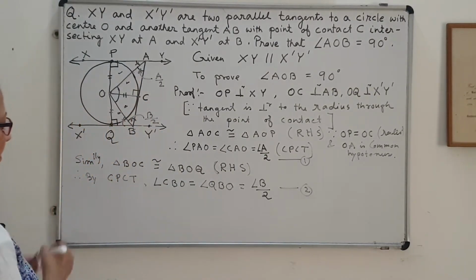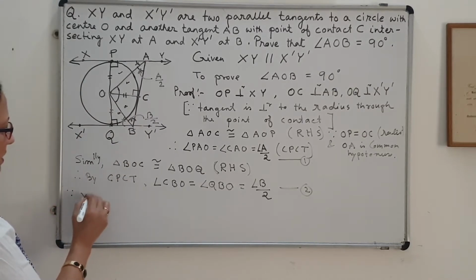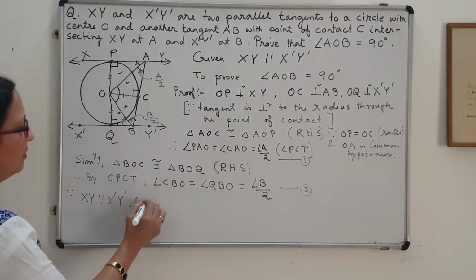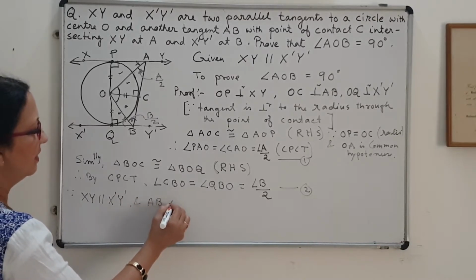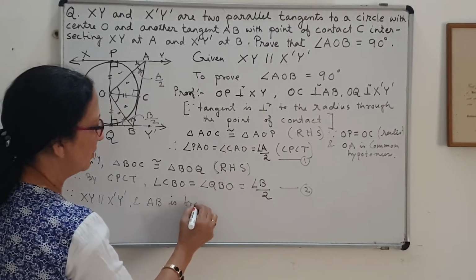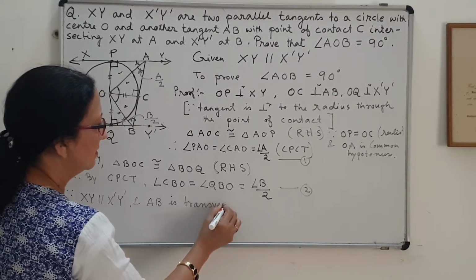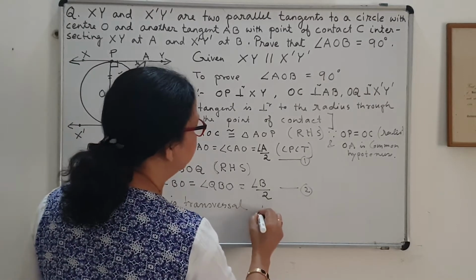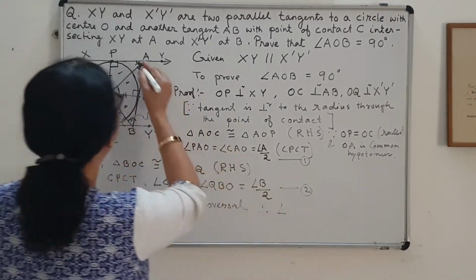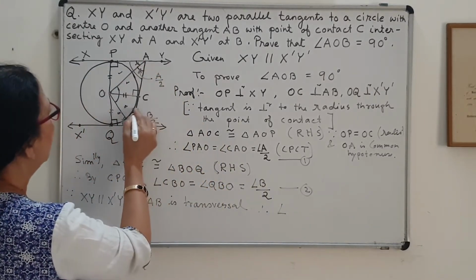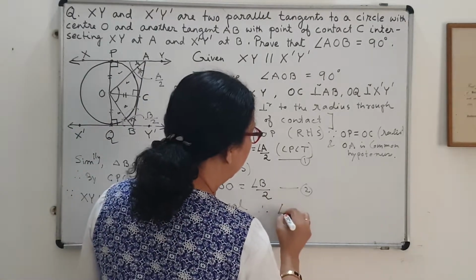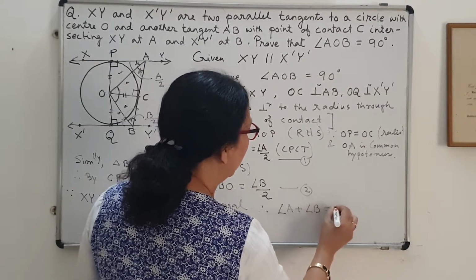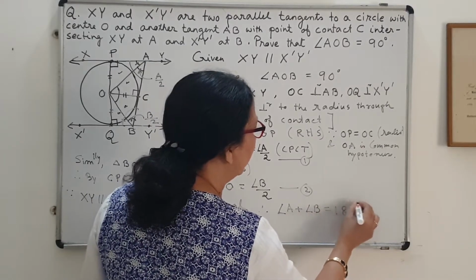So we write, since XY is parallel to X dashed Y dashed and AB is transversal, therefore angle A, this whole A plus whole B, will be 180 degrees. Angle A plus angle B is 180 degrees, because they are co-interior angles.